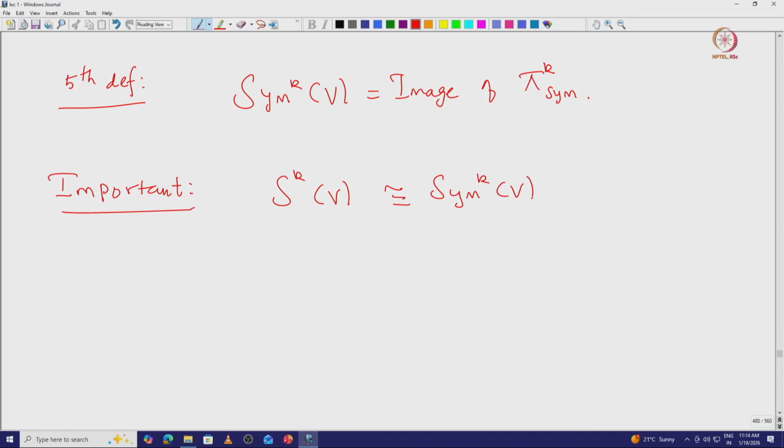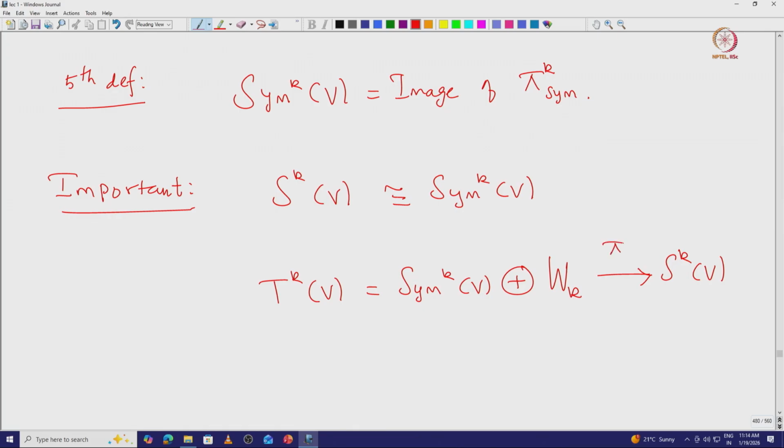If you think about it, what we have done is factor TKV into Sim KV direct sum some other, let us say WK. So now you have this quotient map from TKV to SKV, and we are saying that we have a factor of this quotient map.